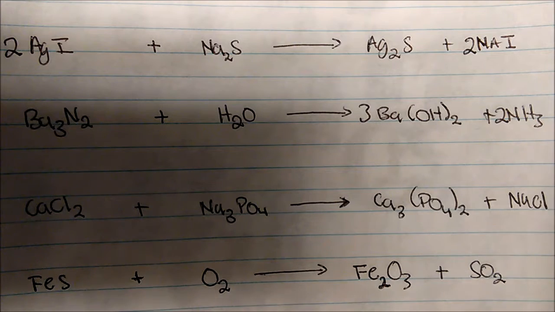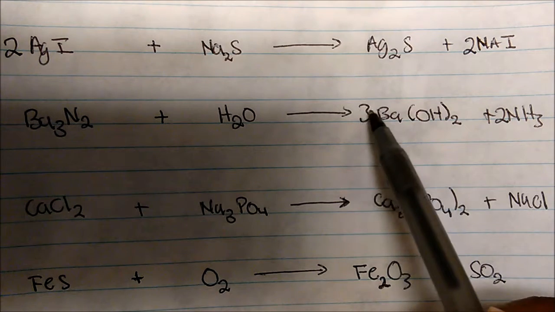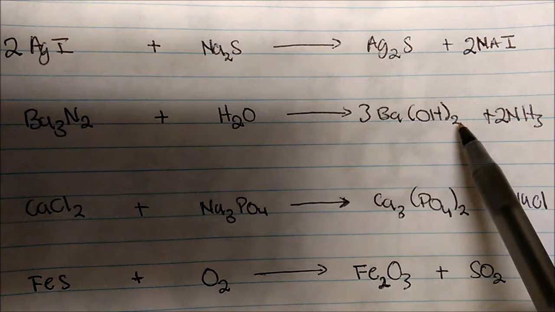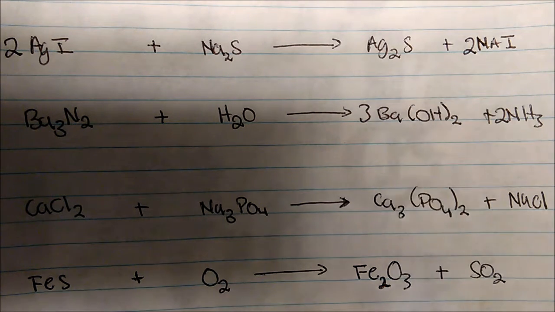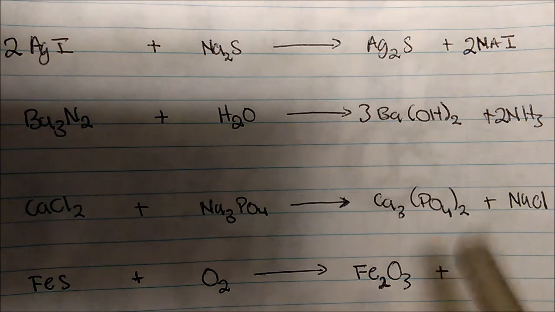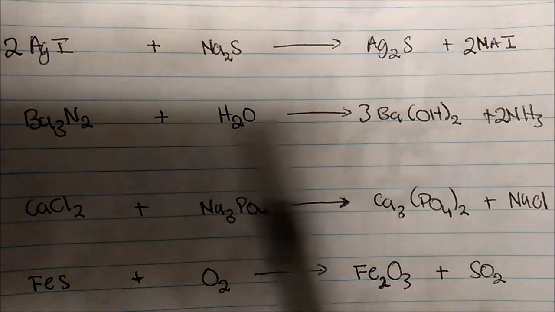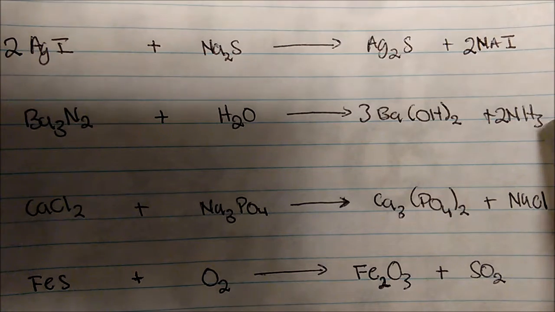well, actually, let's revisit. Let's think about it again. We have 2 times 3, which is 6. And then we have 2 times 3, which is 6 also. Let me be very clear on this one. We notice that we have 2 hydrogens over here. We have 2 times 3, which is 6.